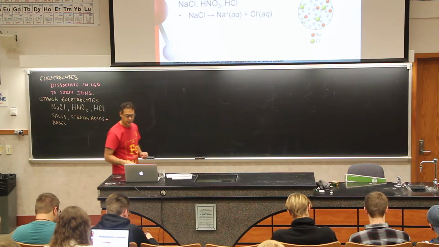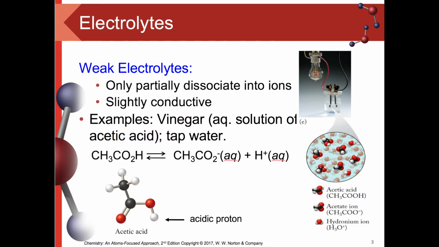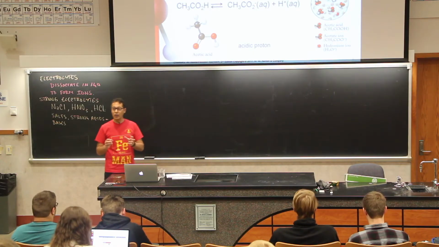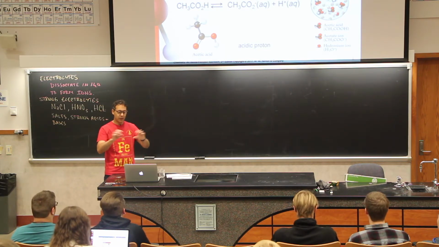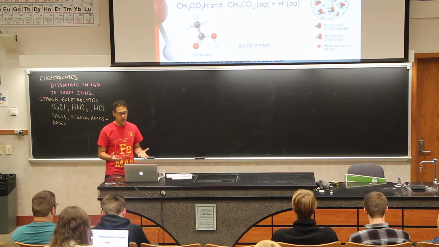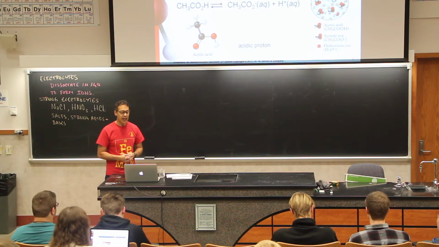Weak electrolytes, these are things that only partially dissociate in water, in which case they don't completely dissociate. They may dissolve in water, but they don't fully dissociate. An example of this is acetic acid, also known as vinegar. When vinegar gets into water, it only partially dissociates, and so it doesn't completely come apart. And this is partially why acetic acid is a weak acid.